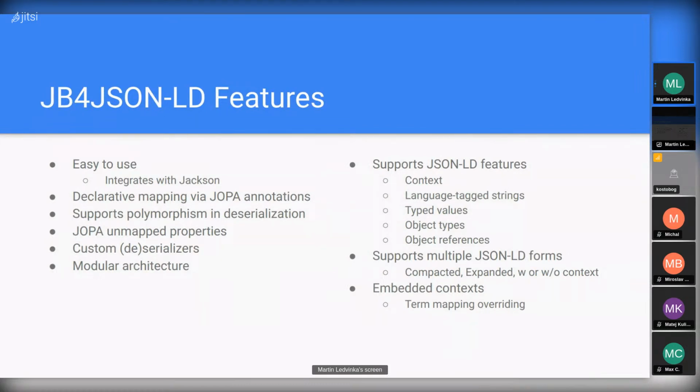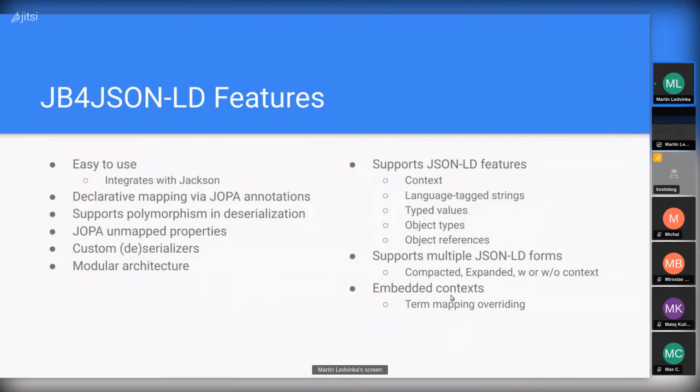It also supports all of the nice JSON-LD features that I was mentioning before. So it works with the context. It supports language-tagged strings and typed values. I will show you again in a minute. Object types, that's the classification of the object, and also object references, which can quite nicely reduce the amount of data that you are passing to and from the web service. It also supports multiple JSON-LD forms, both on input and output.